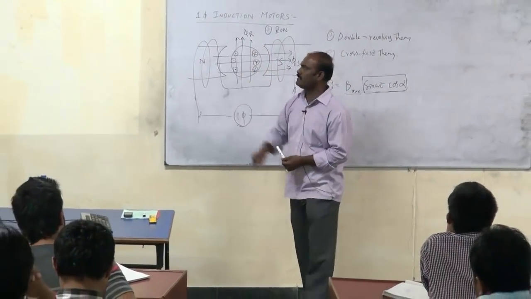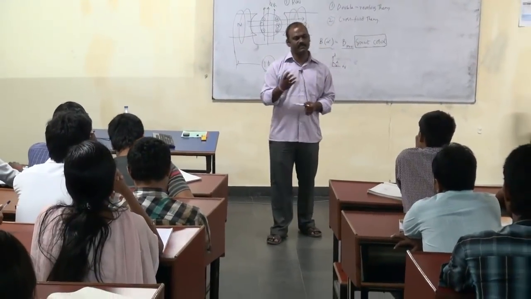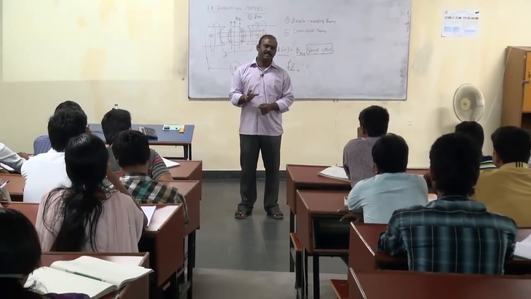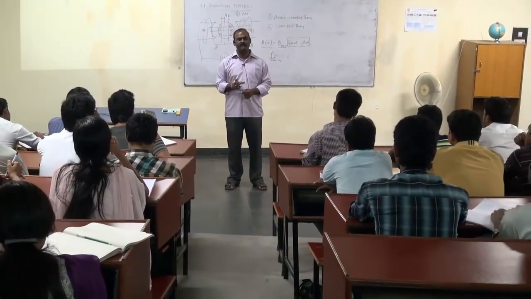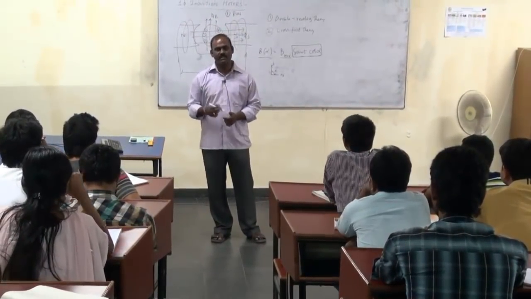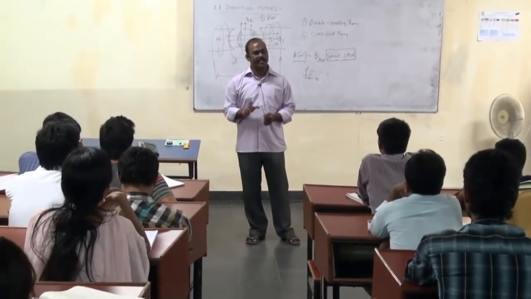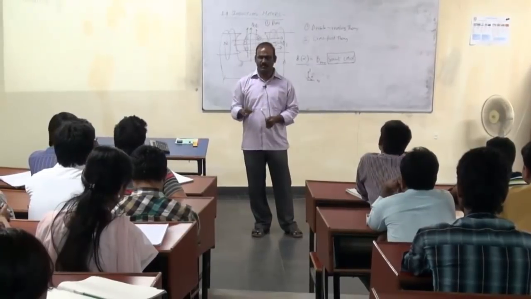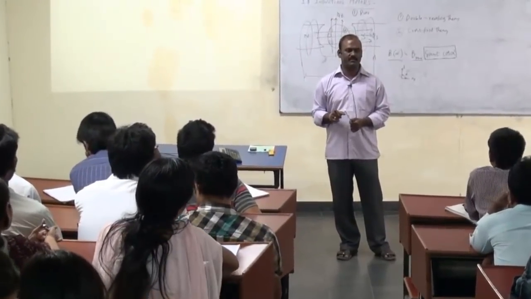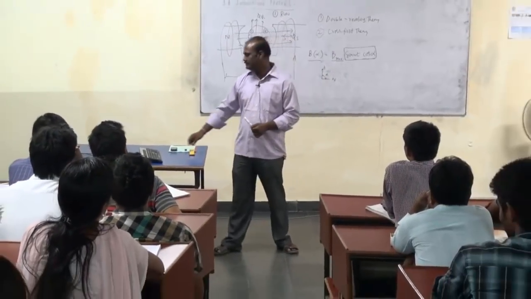So this cross field theory has one assumption, one disadvantage we can say, that initially the rotor should be rotated with the help of an extra prime mover. Then only phi r will be there, and you can find the resultant flux which can revolve in space, so that torque can be produced and the induction motor will rotate, right?